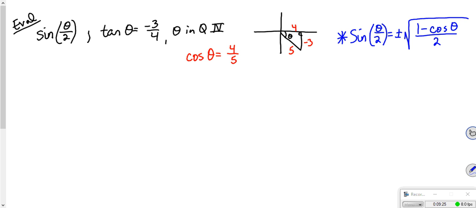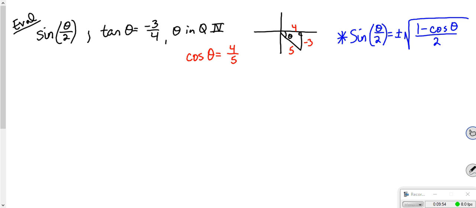Now, if theta is in quadrant 4, then half of that angle is going to be in quadrant 2, which means sine should be positive. Half of an angle that falls in the 4th quadrant should give you something in the 2nd quadrant, and sine is positive there. So I only have to deal with the plus part of this.